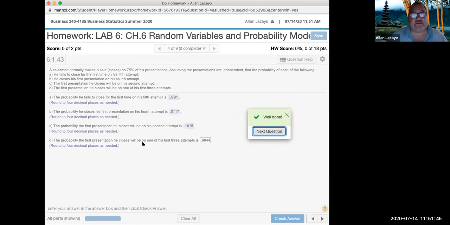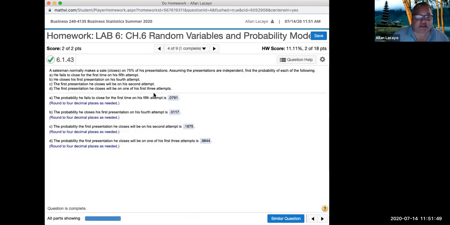So this is how you use the geometric calculator in problems in your lab and in your quiz and in your exam. You look for language about the first time, the first time, and that is indicative of a geometric model being used.